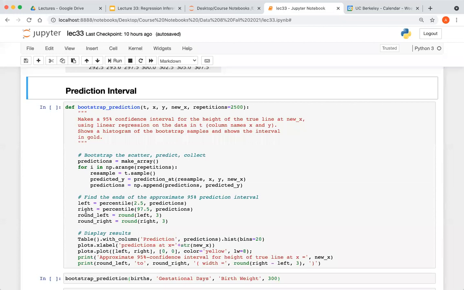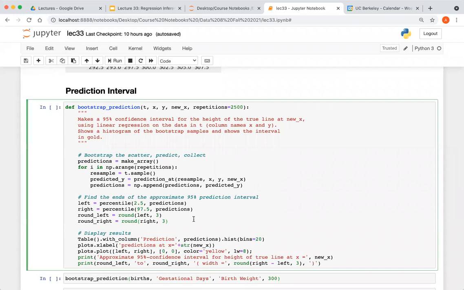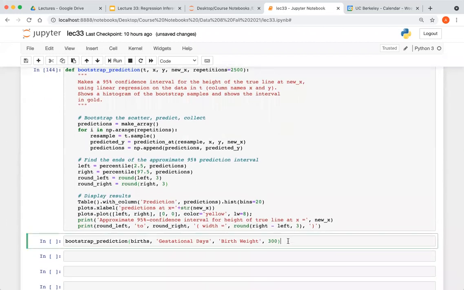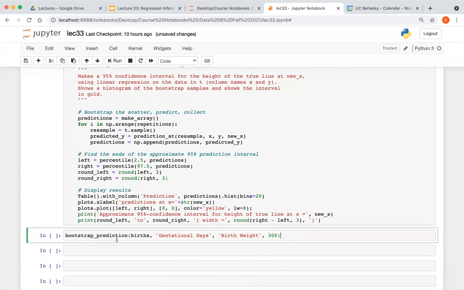And then in a very familiar move, the left end of the prediction interval, the right end of the prediction interval, and then I've done some display. If I run this, that's the definition of a function. Now, what are we doing here? We are going to take our sample and try to predict the birth weight of a baby who has 300 gestational days, by bootstrapping our original sample 2,500 times. And I run this and, no surprise, it's going to chug for a little bit.